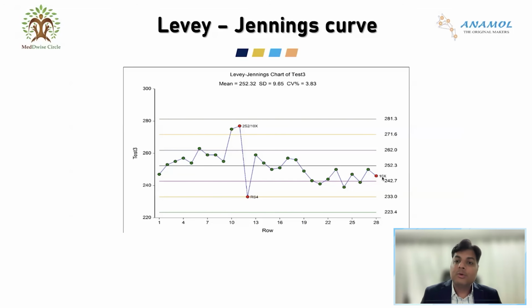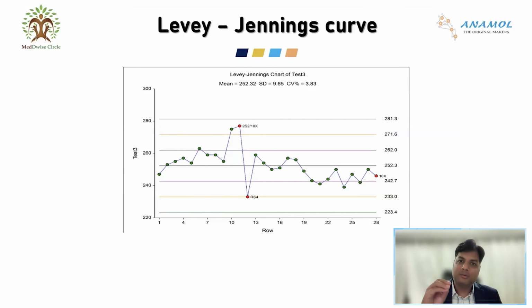Minus 1 SD is 242.7 and minus 2 SD is 233. So the mean of glucose is 252.3 and the plus minus 2 SD range is between 233 to 271.6. Now, when I did the glucose test on day number 1, this is the value that I got.